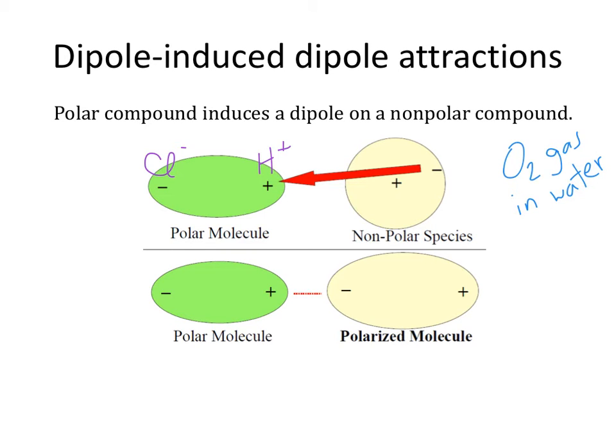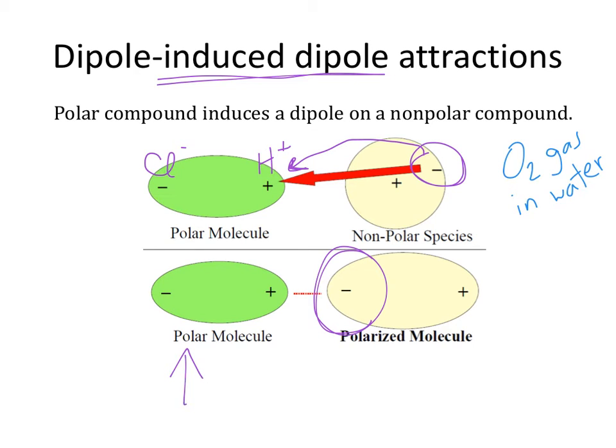And so the negative electrons might temporarily be attracted to that positive hydrogen, which would then cause the left-hand side of this molecule to become negative temporarily. It's an induced dipole because the polar molecule is inducing or causing a dipole on a nonpolar molecule. So even though it's a nonpolar species, it becomes a polarized molecule.